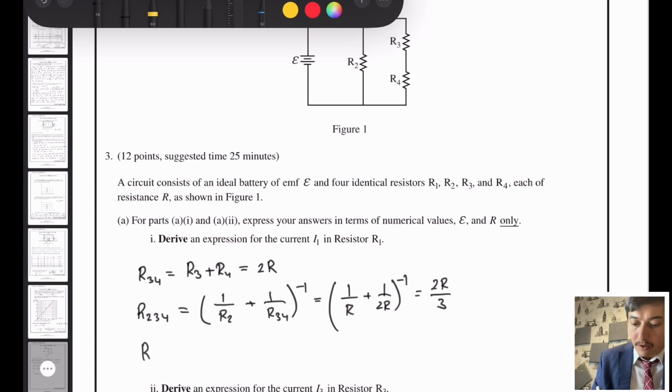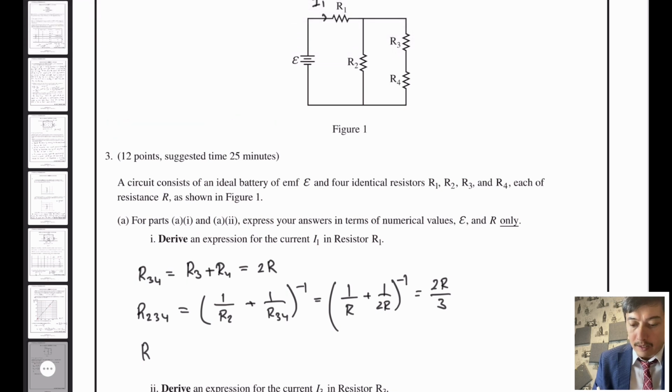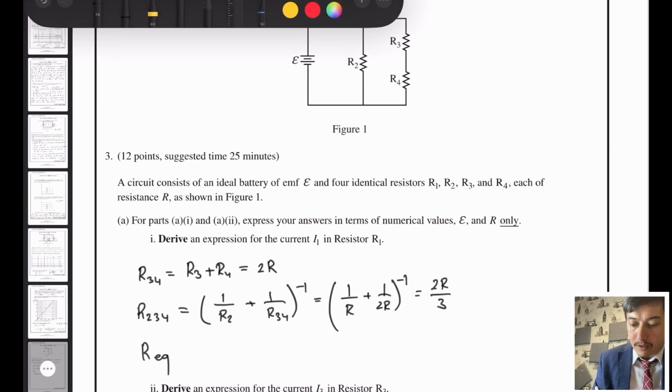Now, all of R2, 3, 4 are in series with R1. So the total equivalent resistance of all resistors is going to be R1 plus R2,3,4. So R plus 2R over 3, it's going to be 5R over 3.